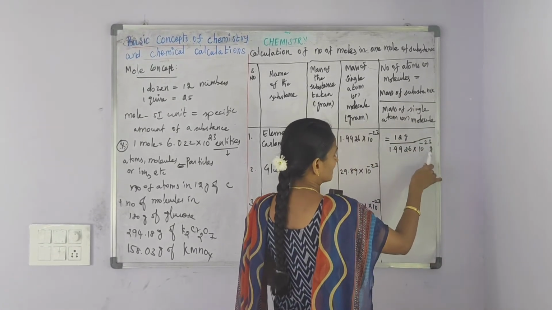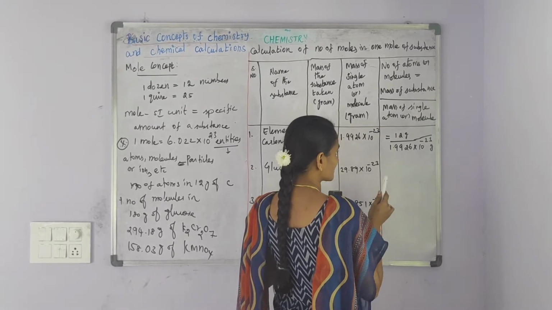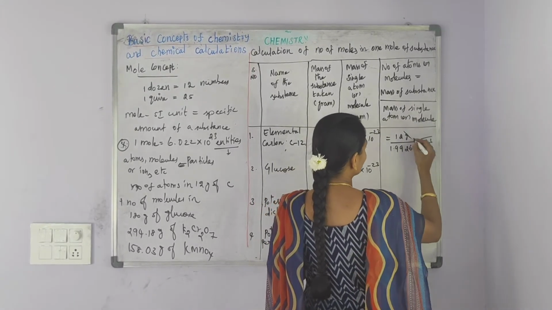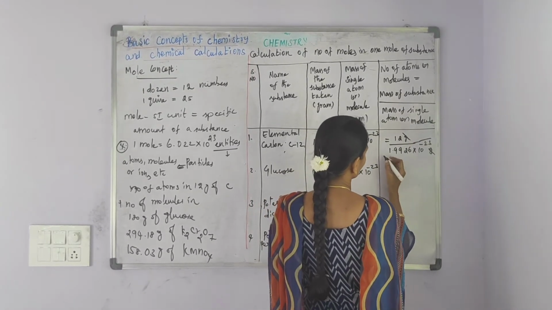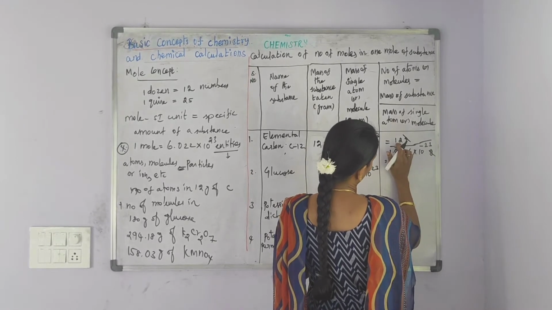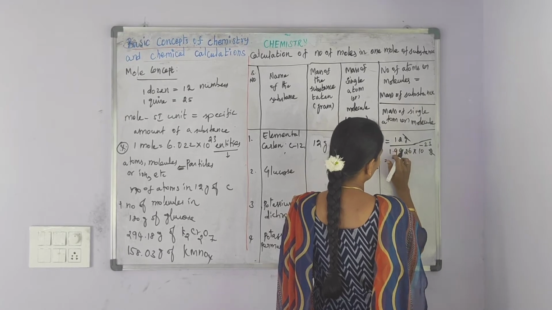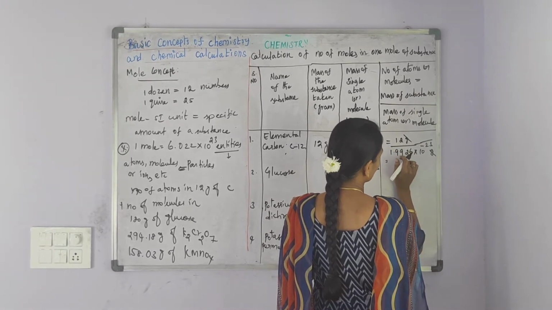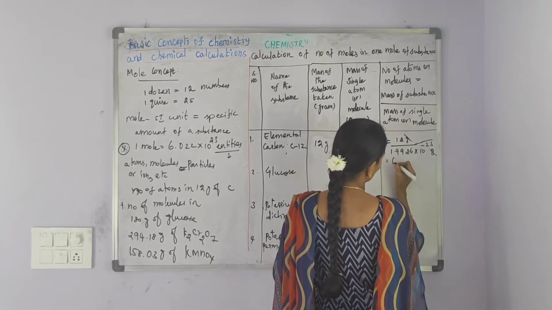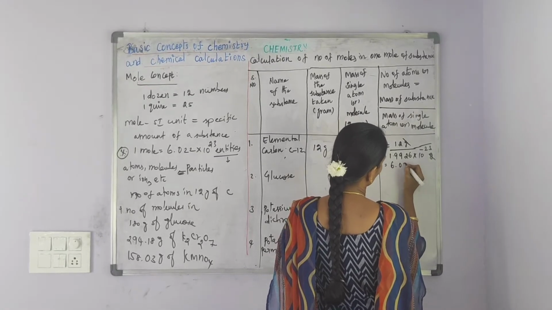Both numerator and denominator contain gram, so it gets cancelled. By solving 12 divided by 1.9926, its value is 6.022.